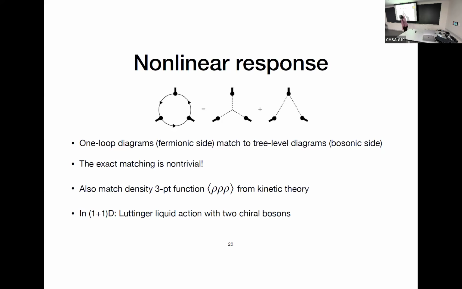So in the fermionic language of this system, if we want to compute, for example, the 3-point correlation function of density, on the fermionic side we know we have to compute the one-loop diagram. Amazingly, we find that in our bosonized approach, this will match to only the tree-level diagram. And I want to emphasize that the exact matching is actually non-trivial.